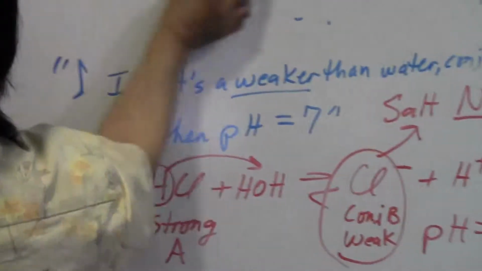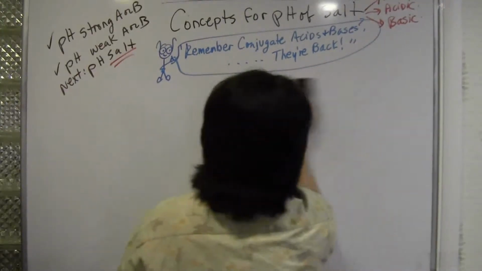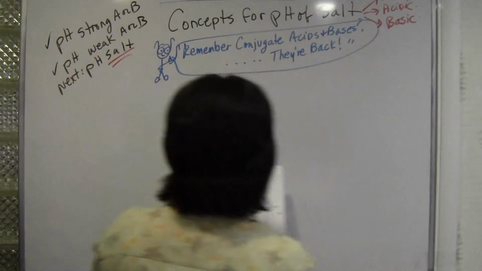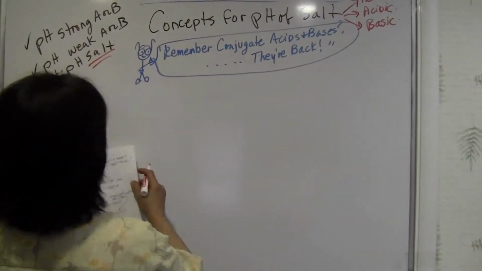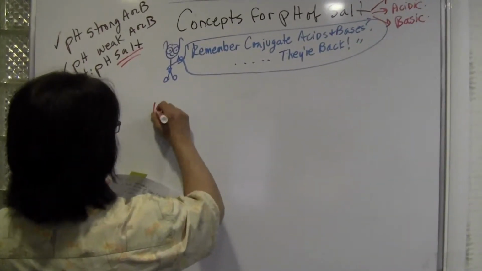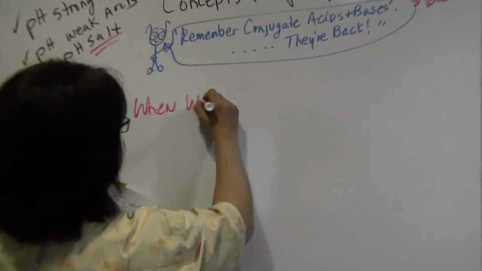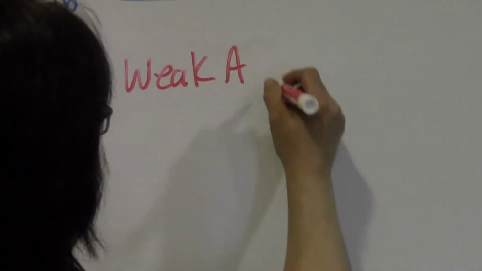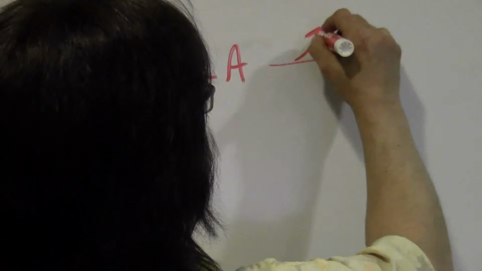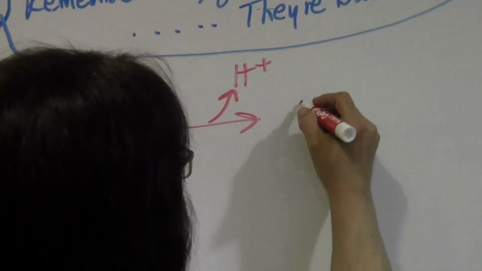Okay, so now let's move on to when you put a weak acid or base. When a weak acid loses a hydrogen, we know when an acid loses a hydrogen, it becomes a conjugate base.